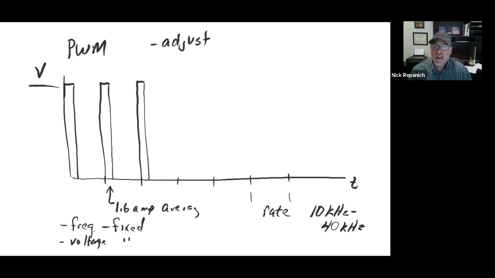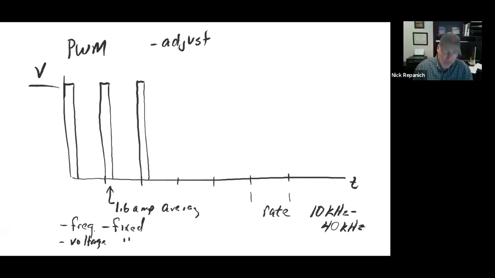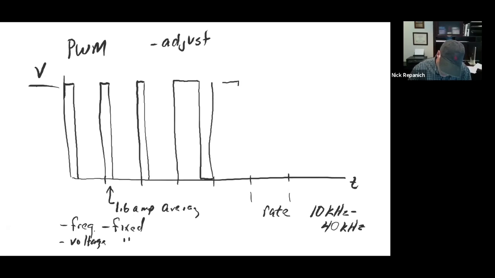For those of you that had it, what is the thing we're going to adjust on this curve? Width of modulation, I guess. Right, we're going to modulate the width of the pulse. We're going to adjust the duty cycle. So pulse width modulation means we're changing the duty cycle. So what that means then, see the difference here?